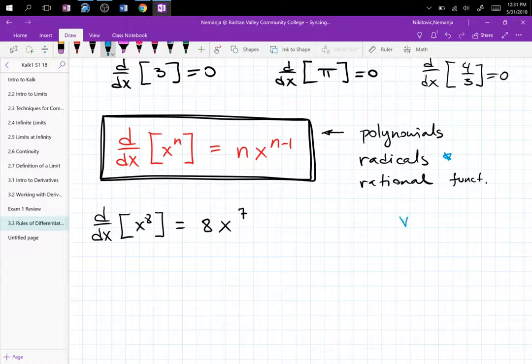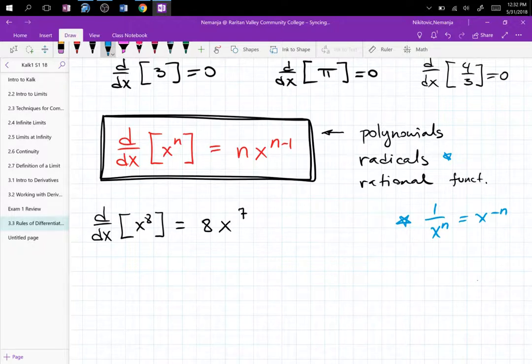Radicals. If you remember from your high school or previous course in algebra, here is the blue star over here. Blue star says that if you have 1 over x to the n, that is actually x to the minus n. The same rule has to apply. You see that?